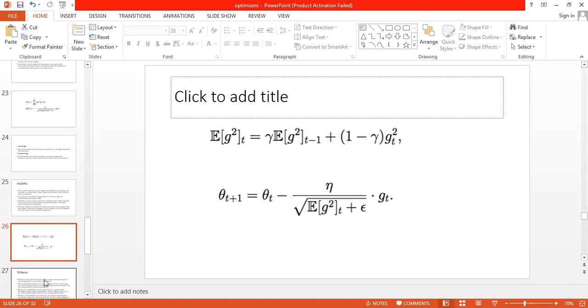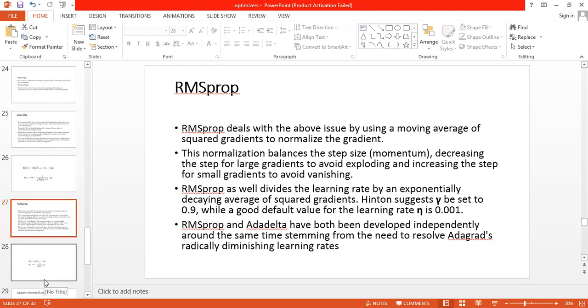Okay. Our next optimizer is RMSprop. This formula is the same as Adadelta, but here it is trying to balance the step size for the momentum, which we have seen earlier in the optimizers. So where there is a large gradient, this decreases the size of the momentum, generally for solving the problem of exploding or vanishing gradients.